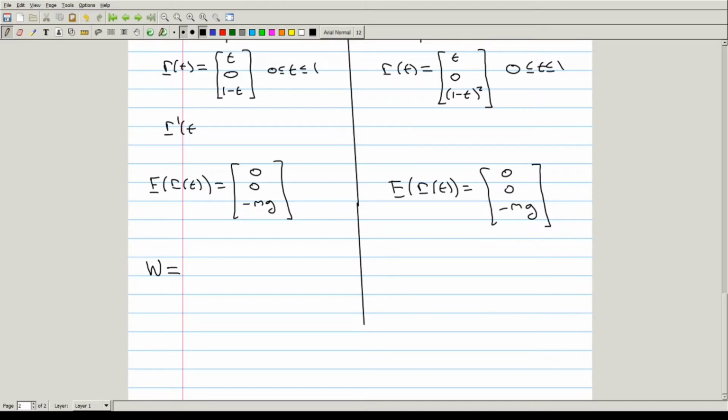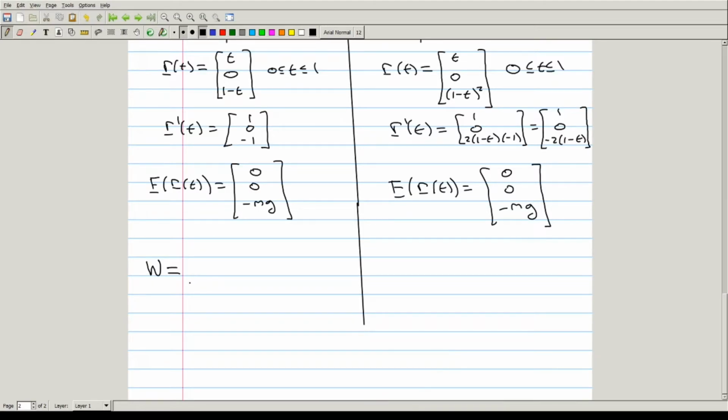So let's calculate that first. It's always nice to stay organized. This will be the derivative with respect to the parameter, which is 1, 0, negative 1. And then r prime for the second curve is going to be 1, 0, and the derivative of this function will be 2 times 1 minus t times negative 1 from the chain rule. It will be 1, 0, negative 2 times 1 minus t.